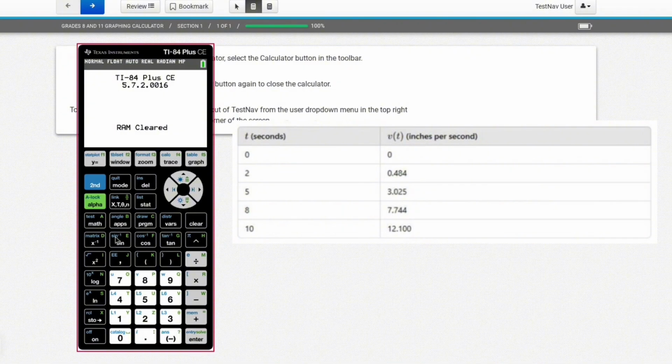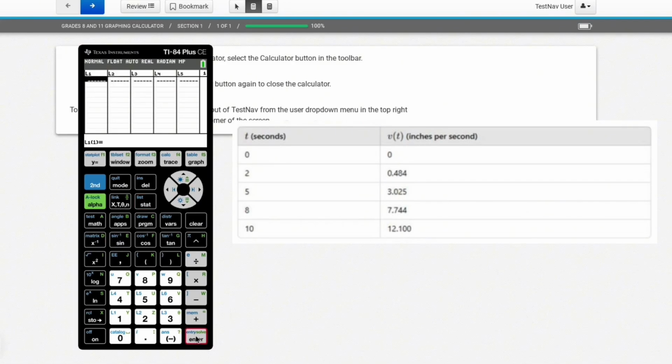Okay, this is how we do quadratic regression. So we're going to take the table, and we're going to use all the numbers in the table. Go to Stat, go to Edit, and on the left side, type out the x, or in our case, the t values. So that was the left side of the table: 0, 2, 5, 8, 10.